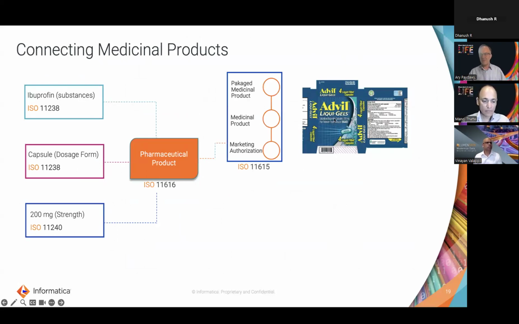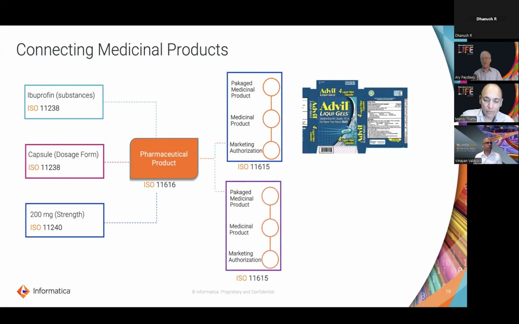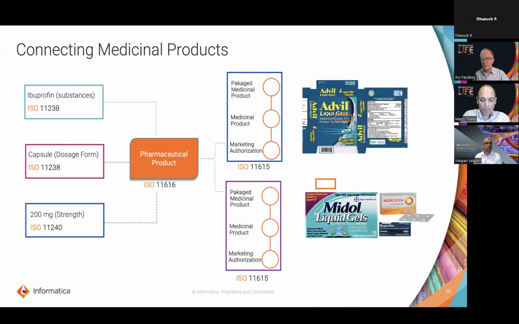Here you have an Advil on this side, and with the medicinal product, ultimately it's packaged in certain ways and authorized in the market. But if you take one of those capsules and look at the actual pharmaceutical pieces, you get the ibuprofen, the substances, the dosage form, the strength of the actual pharmaceutical product. Keep in mind that the same exact pharmaceutical product could also be used with another product, in this case Midol. Think of this as a way of seeing what it looks like.